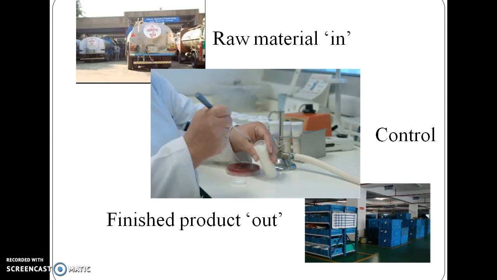You need to analyze your raw material, your intermediate product and your final product, so that you can make a quality product. On the basis of those findings, you can control the whole plant. This is the importance of chemistry in a food industry.